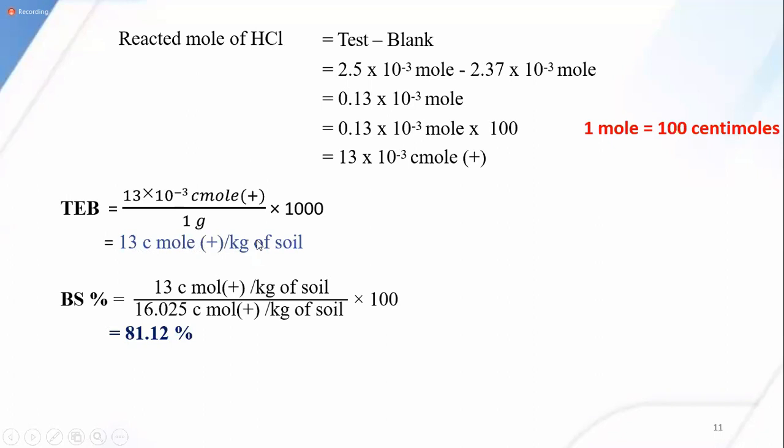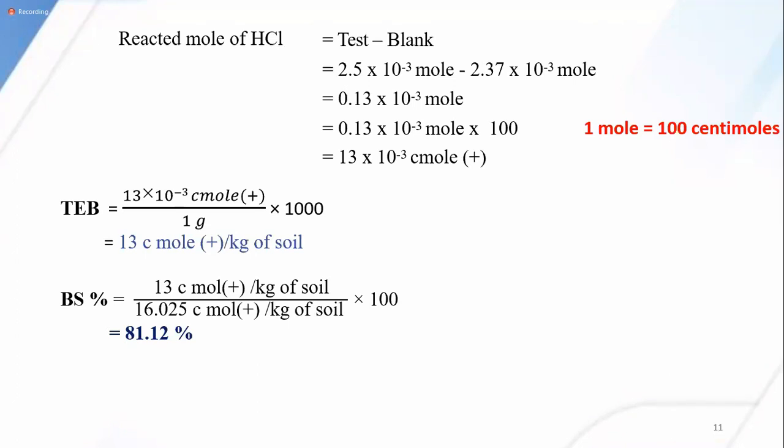Are you all clear about these things? Yes, ma'am. Okay, so to find out the total exchangeable bases, you can directly use the reacted mole of HCl. You all know HCl is used to convert the cation oxide into chloride, so that's why we can use that mole directly to find the total exchangeable bases.